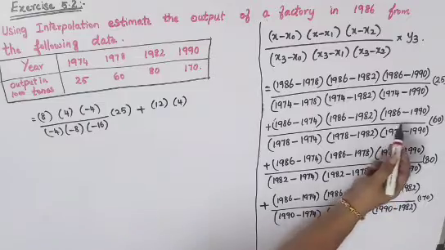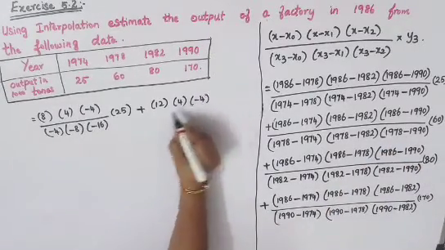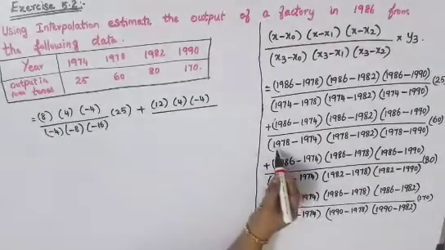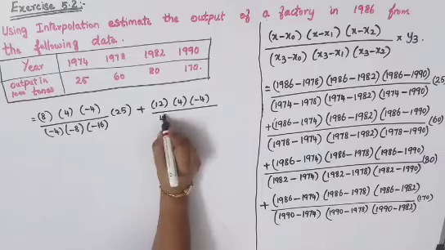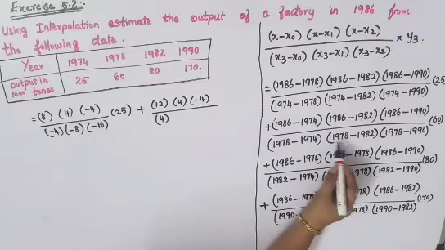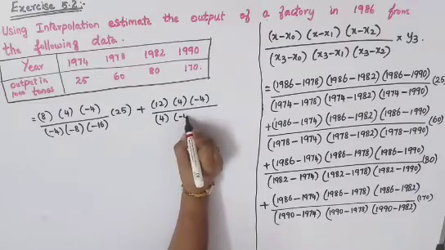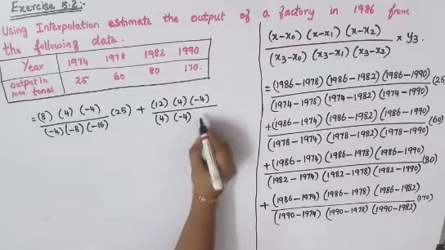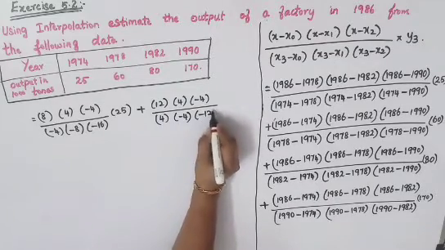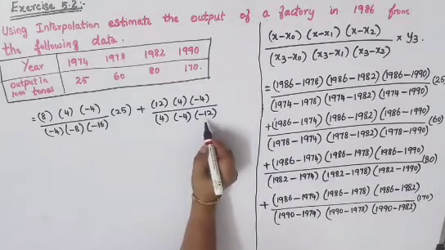Then 1986 minus 1990 will get minus 4, divided by 1978 minus 1974, you'll get 4. 1978 minus 1982 will be minus 4. Then 1978 minus 1990 you'll get minus 12. Because 1990 is the highest, you'll have to put the minus over there.